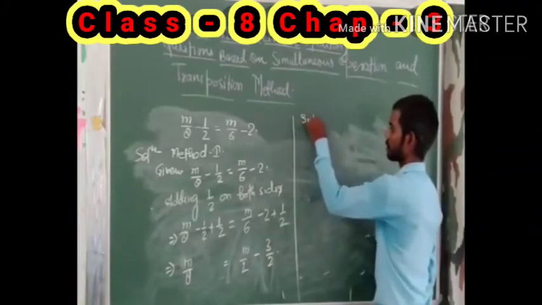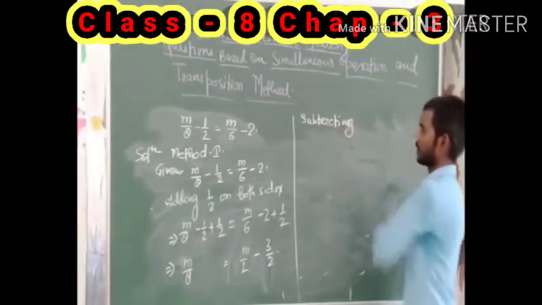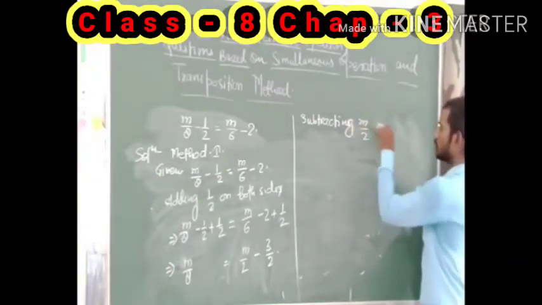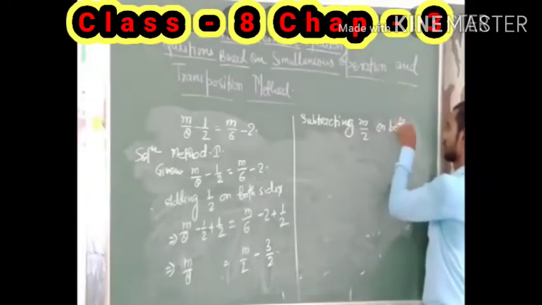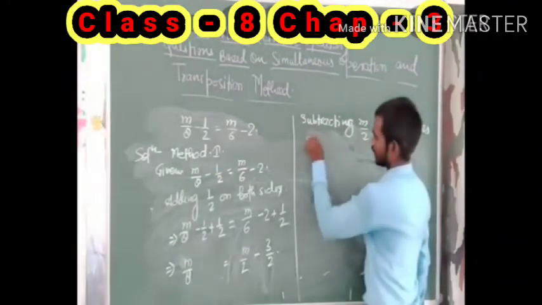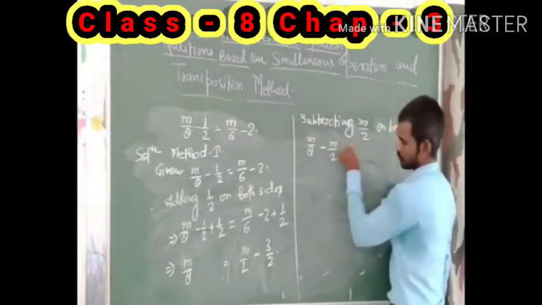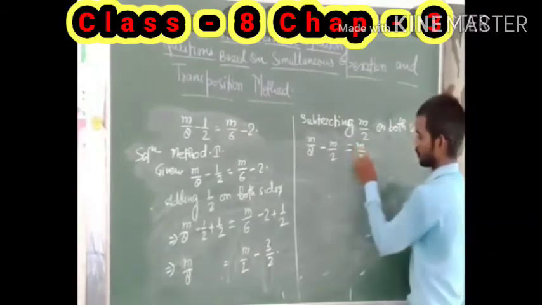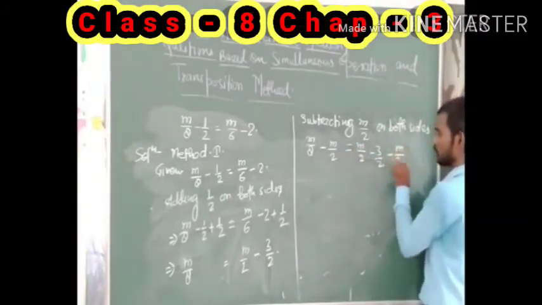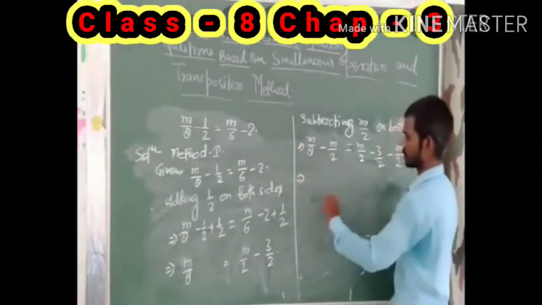We get subtracting m upon 6 on both sides. We get m upon 8 minus m upon 6 is equal to m upon 6 minus 3 upon 2 minus m upon 6.